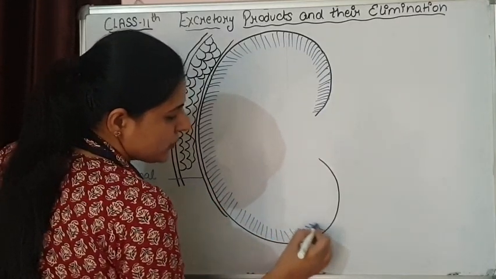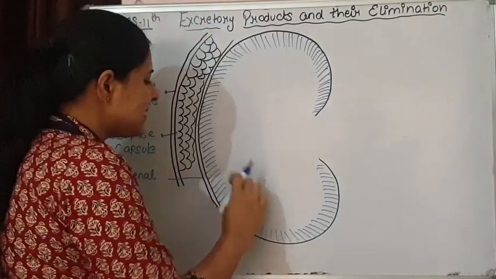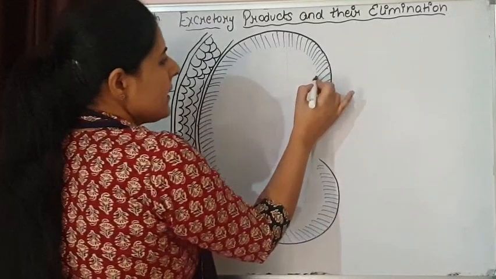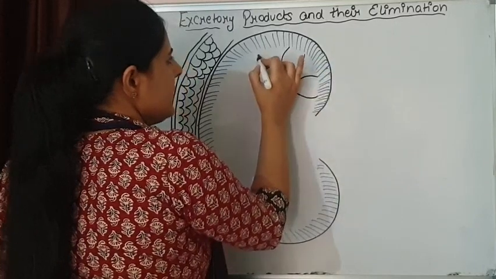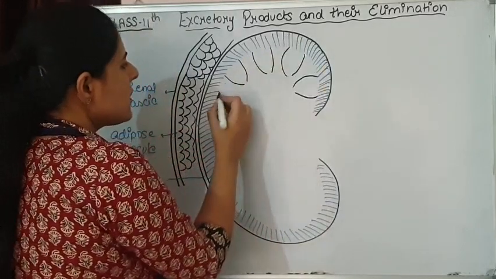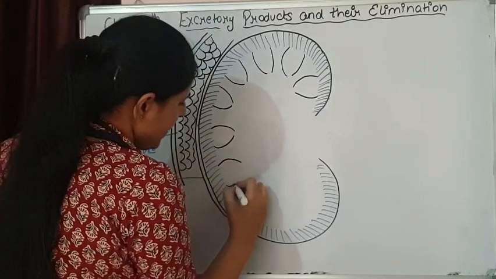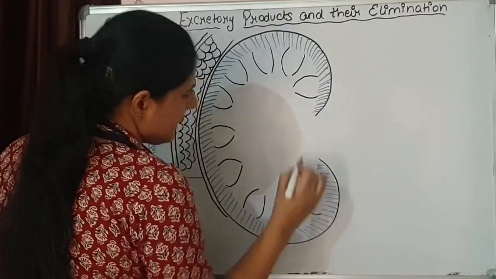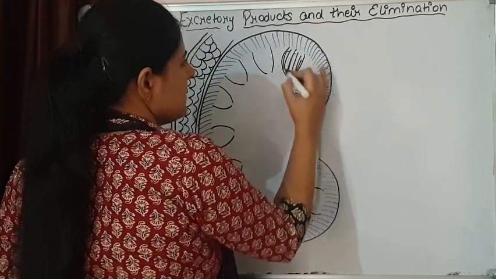Inner to the cortex, some tubules are present, the medullary tubules, which have a broader side towards the cortex and a narrower side towards the medulla. So these are the medullary tubules present like this.